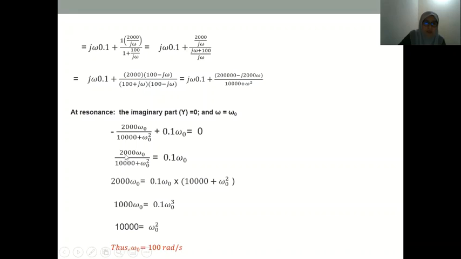Then you get 2000 omega naught divided by 10,000 plus omega naught squared, equivalent to 0.1 omega naught.